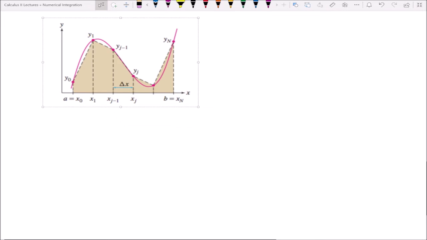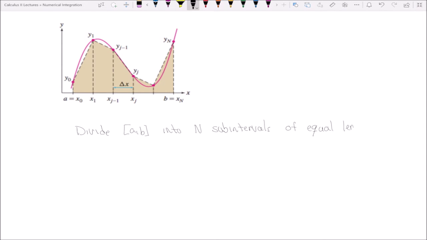Now, we proceed similarly. So what we do is divide the interval AB into n sub-intervals of equal length delta x equals b minus a over n.